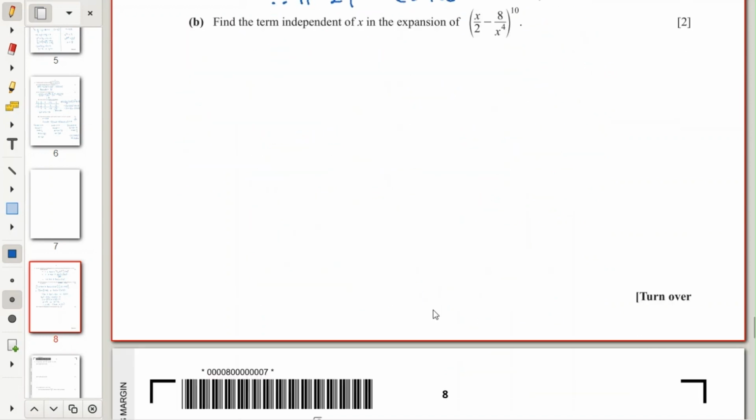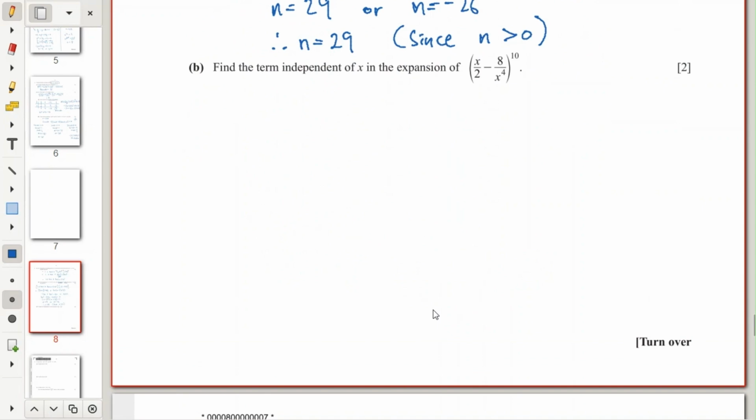All right, now find the independent term. Recently I have been thinking about this and I've found an easier way of finding an unknown term. First of all, you just consider only the variable.